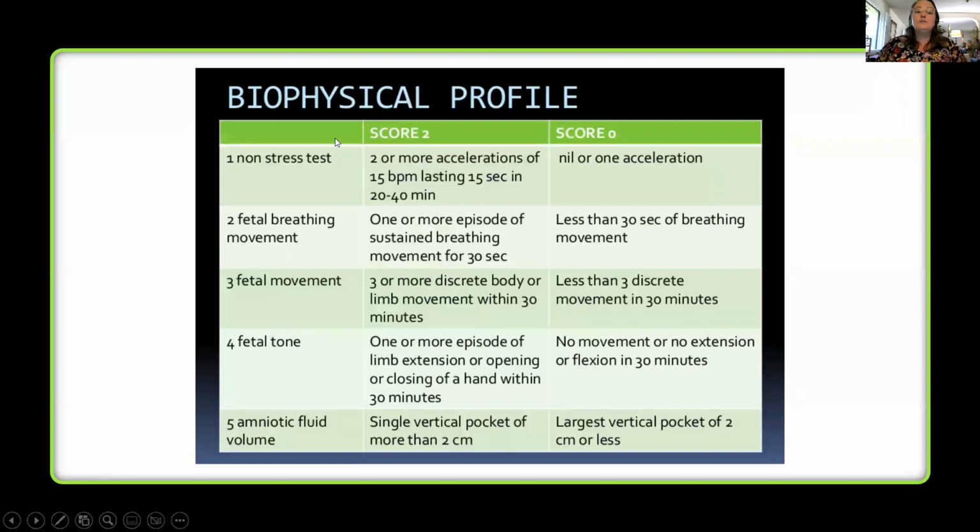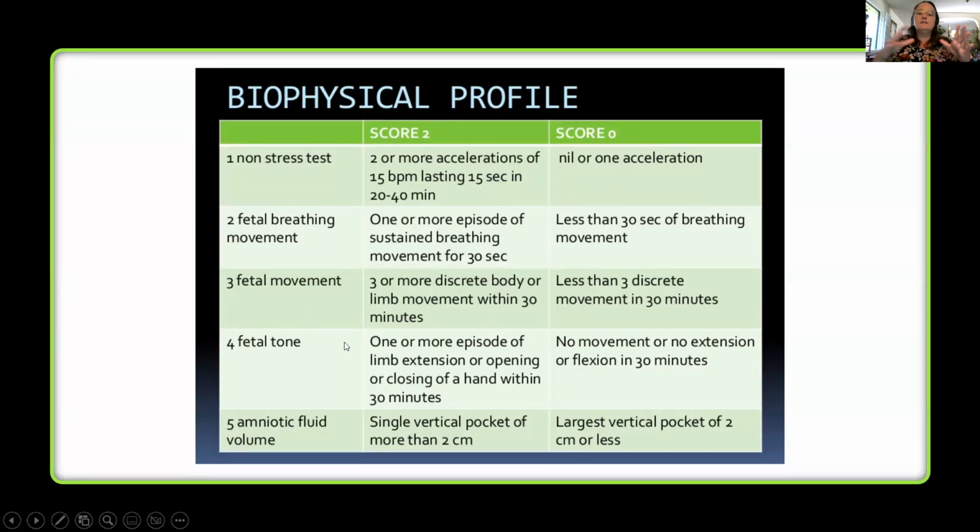Now they're going to look with ultrasound and give a score to determine if, at that snapshot in time, the baby is showing signs of hypoxia. You can read in your book how the scoring system is done, and be sure that you know the numbers that you would need to intervene.